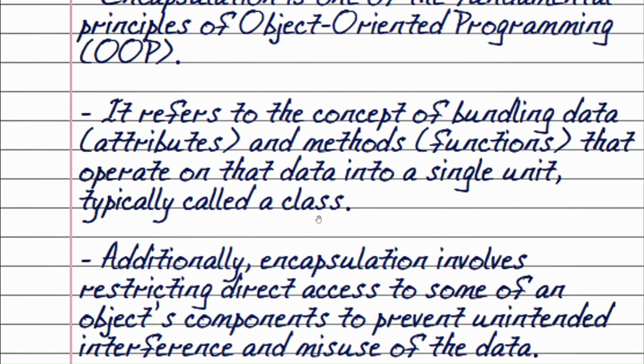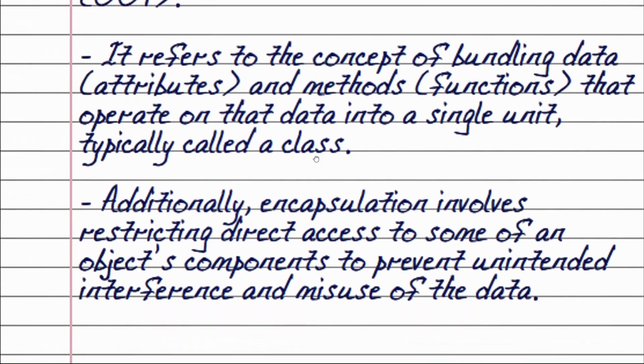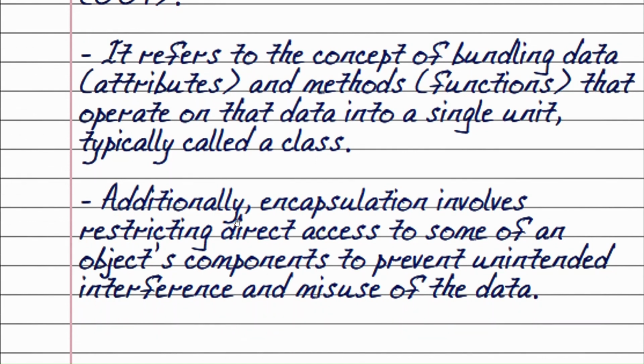Encapsulation is a mechanism through which we can wrap the variables and the methods of a class into a single unit. Additionally, encapsulation involves restricting direct access to some of an object's components to prevent unintended references and misuse of the data.